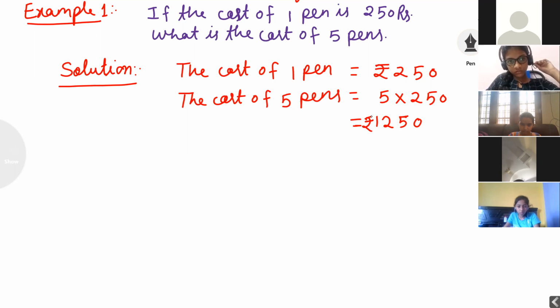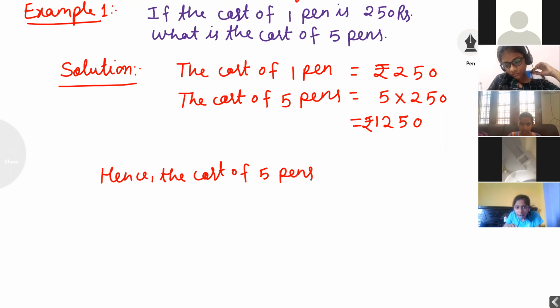Hence the cost of 5 pens is rupees 1250.